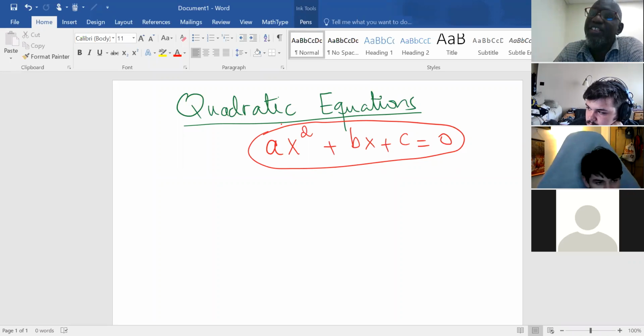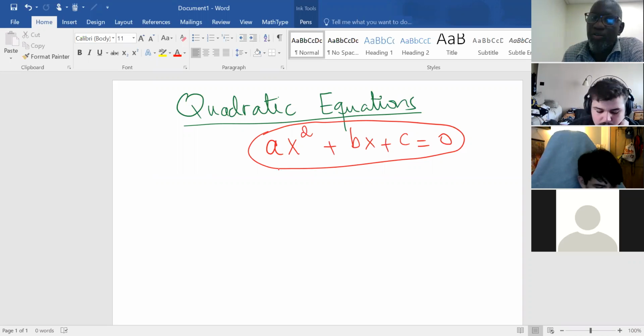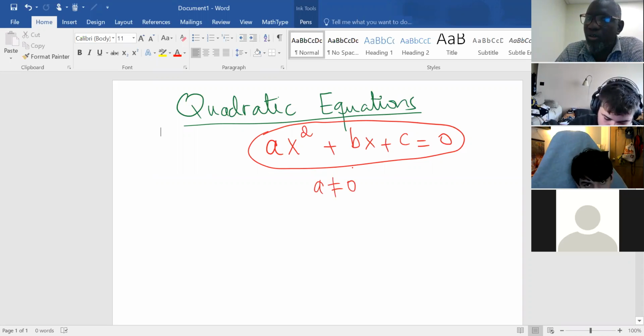Oh, squared. x squared, quadratic, right? The name quadratic equation comes from the x squared. That is why a cannot be equal to 0, because if a is 0, then it is not quadratic anymore. And we're going to go over some methods.